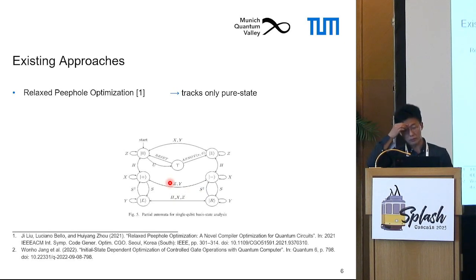However, there is a drawback: once you apply a multi-qubit gate onto this system, you lose all the information. You will go from ket 0 to the state of top, meaning you know nothing about this qubit because it gets entangled with the rest of the system and loses its purity.